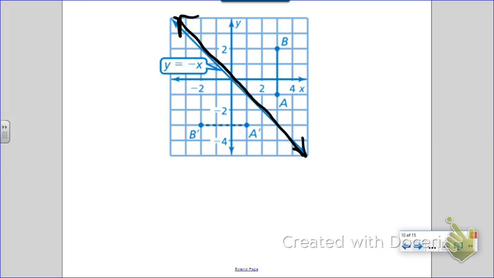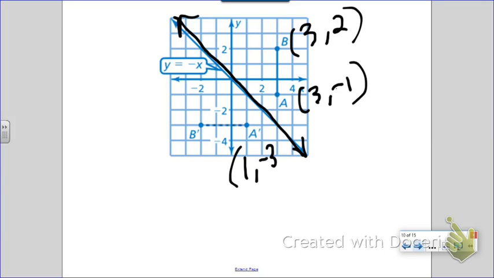A is at coordinates of 3, -1. B has coordinates of 3, 2. Our image points are going to be at 1, -3, and -2, -3.